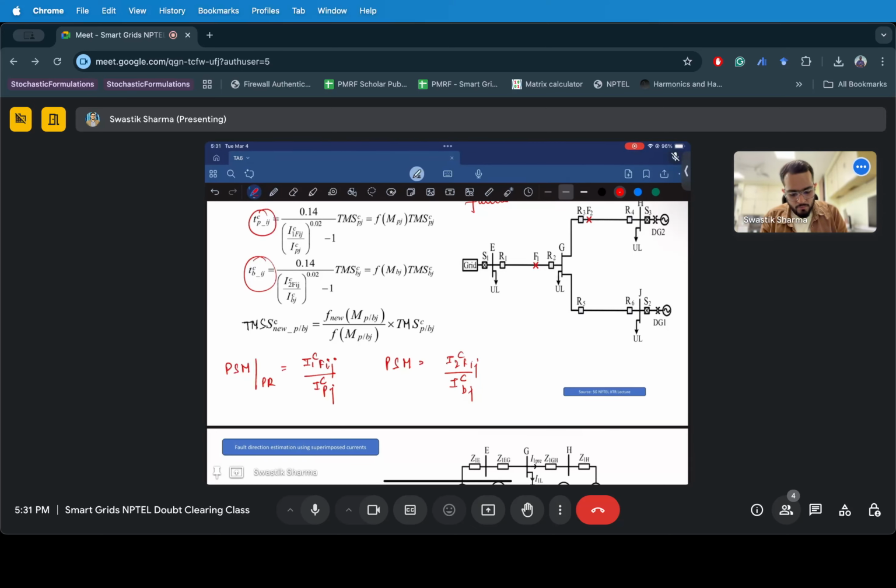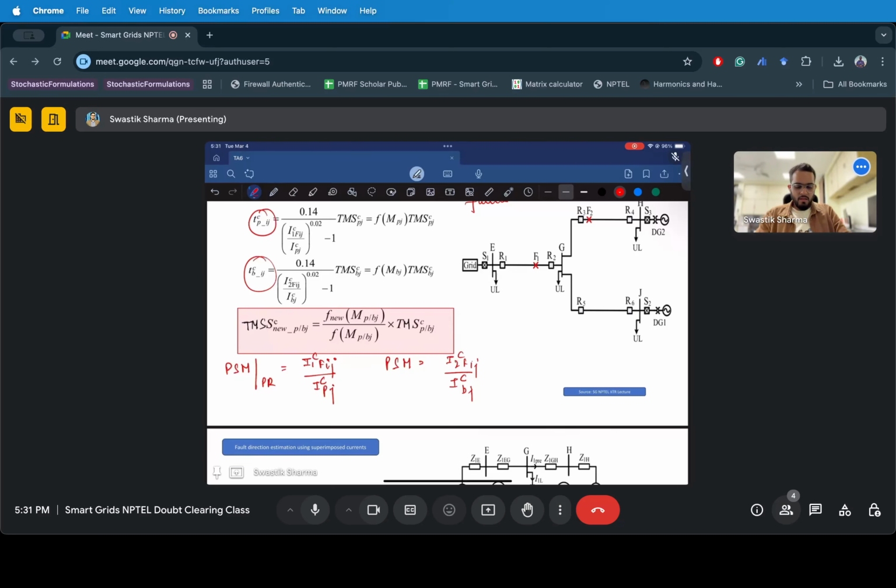To calculate a new time multiplier setting, they use this method to come up with a new setting compared to the old one, by comparing the positive sequence and negative sequence currents.